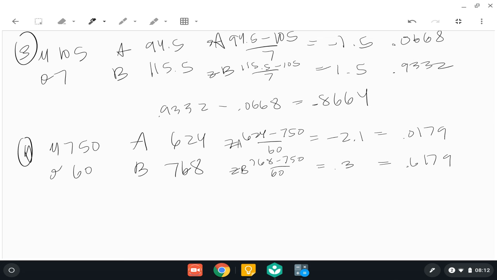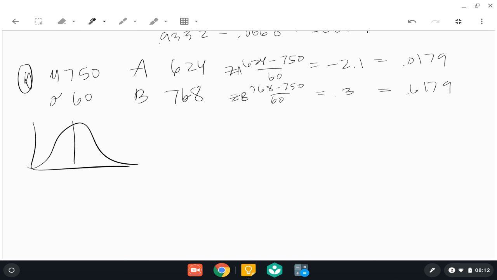So the space between the two, for my last problem, I'll draw this out for you guys. We have a mean of 750, and point A is here, point B is here. This is 624 to 768.